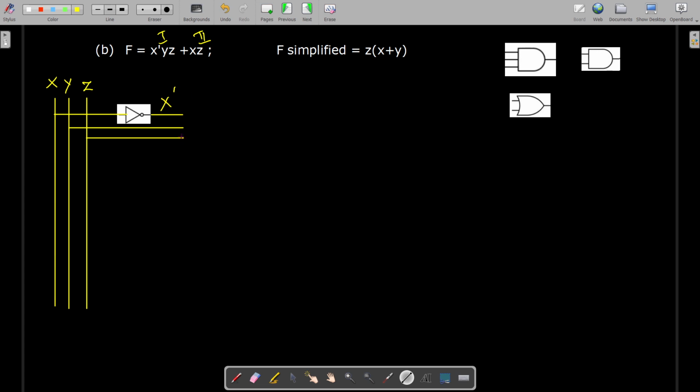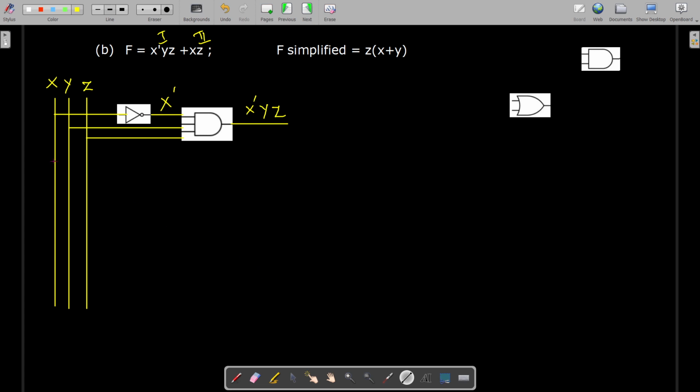So these 3 lines are now combined using this 3 input AND gate, isn't it? So they are given to the 3 input AND gate. So the output of this AND gate is x dash y z. Similarly we go for the second term.